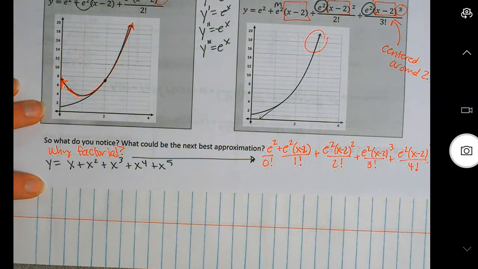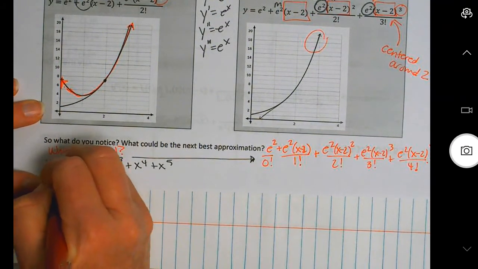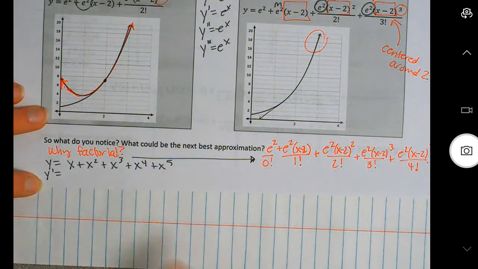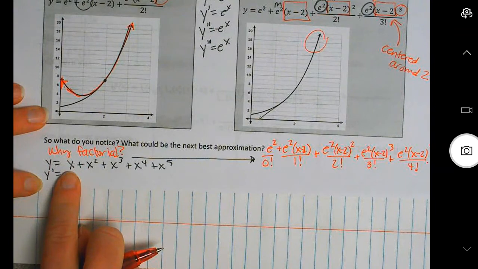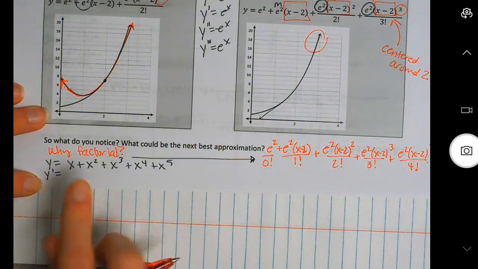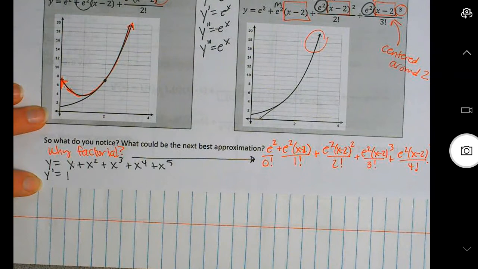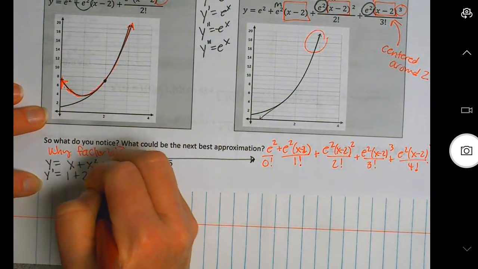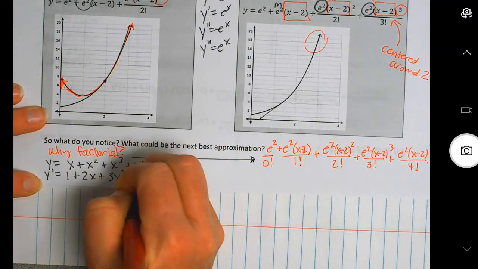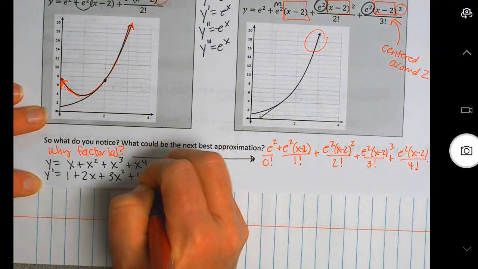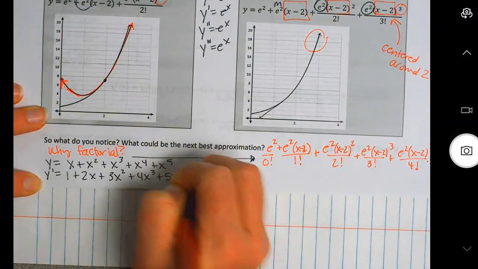But when I take the first derivative, what happens? What do I get for this? Oh, because it comes in the front, so that one's just 1, right? That one's 2x. And this is 3x squared plus 4x to the 3rd plus 5x to the 4th.